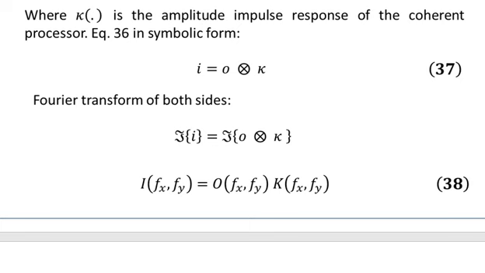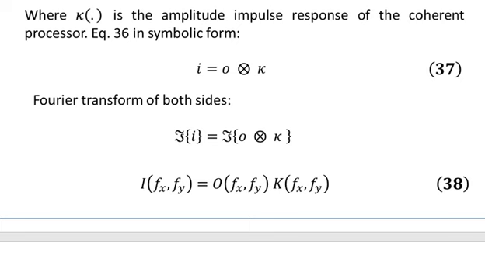The convolution sign is converted into a multiplication sign due to the convolution theorem, and the Fourier transform of kappa is equal to capital K at the frequency coordinates fx, fy. So capital K is the transfer function of the imaging system, or you can say it is the spectrum of the point spread function, which is kappa. So kappa here is the point spread function, and capital K is the transfer function of the coherent imaging system.